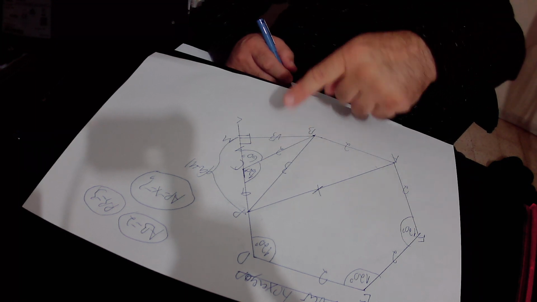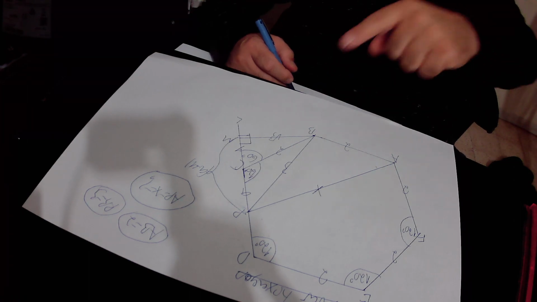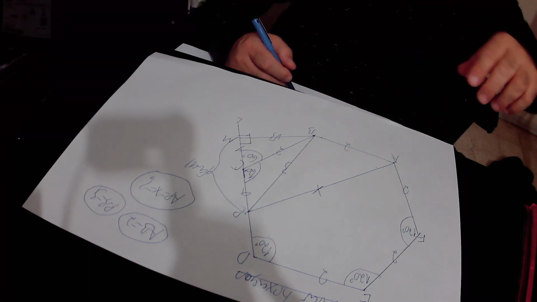So I'll copy the right triangle PMB in a new page, and we will implement here the Pythagoras theorem.